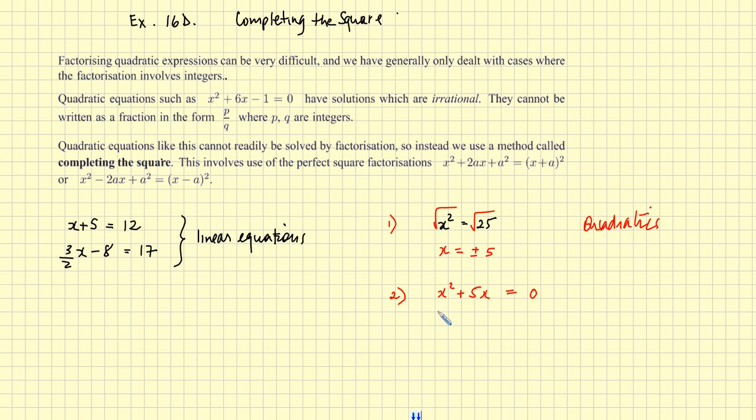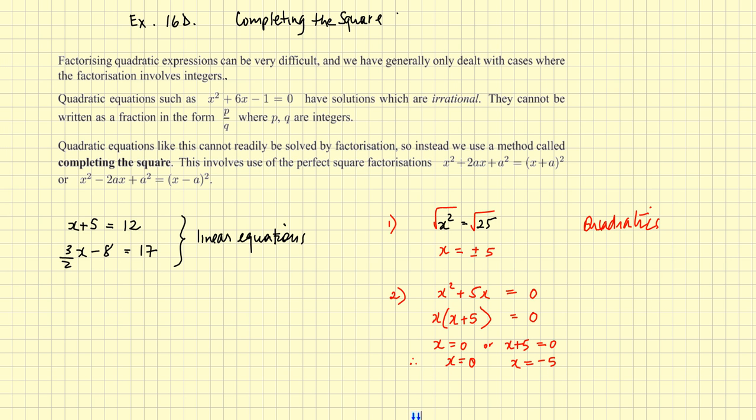Solving for x meant that you had to remove a common factor first, so that this would become x times (x plus 5) equaling 0. Then by using the null factor law, we could say that either x was equal to 0 or x plus 5 was equal to 0. Therefore, x had two solutions: x equaling 0 or x equaling negative 5.